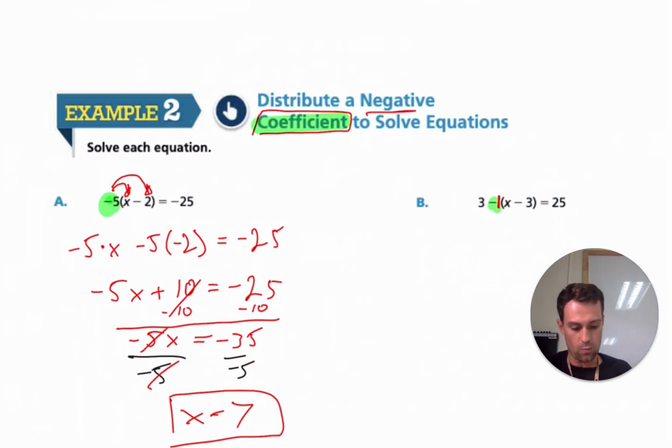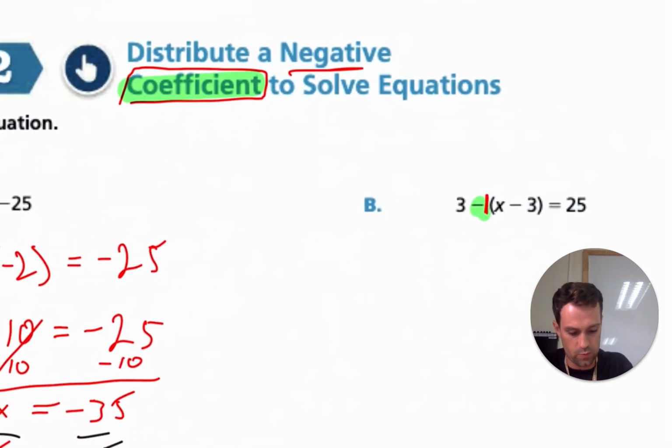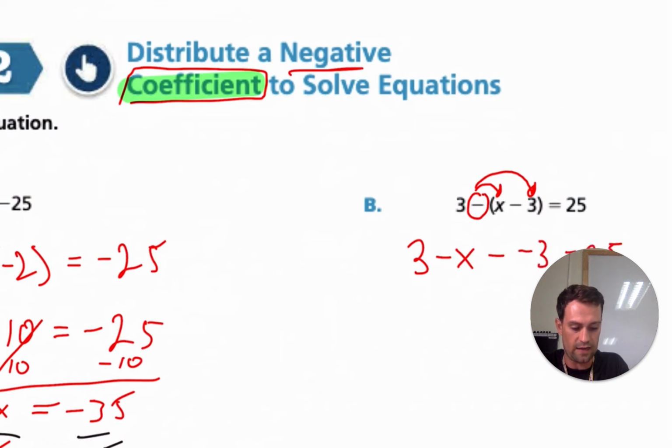All right, the second one, we have a negative. So the question was written out this way. We want to distribute this negative in. So we're distributing it to each part. I recommend that you circle the negative. So we have 3 minus x minus a negative 3 equals 25.